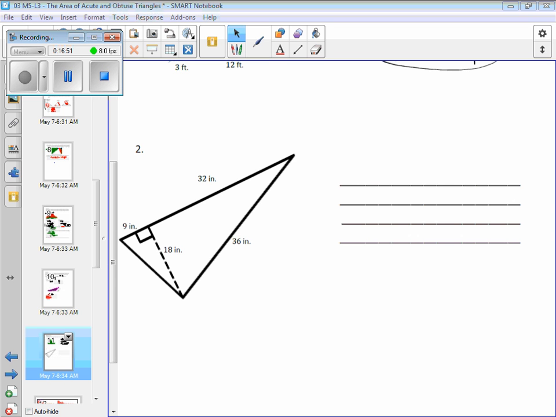What is the measurement of the base? It's 41. 41 is my base. That's right. Because this particular acute triangle right now is upside down. This is my base. Then this becomes my height.